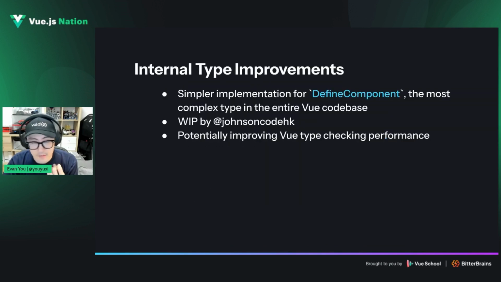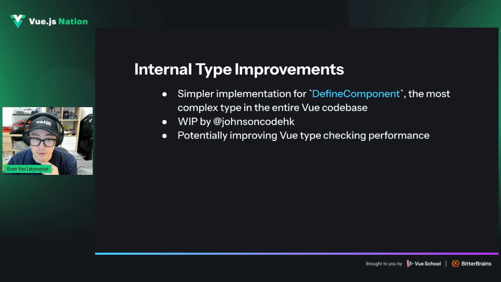So then there are the internal type improvements. Right now, Johnson, again, is working on a simpler implementation for the defineComponent type, which is the single most complex type in the entire Vue code base.